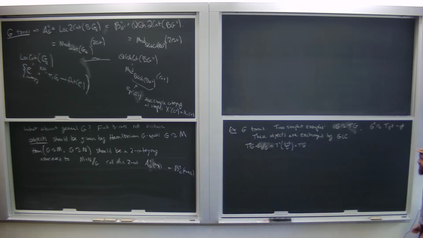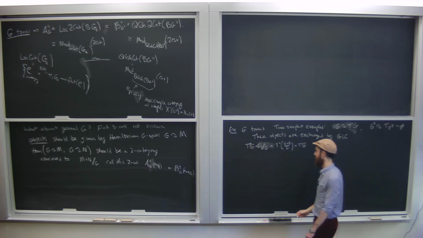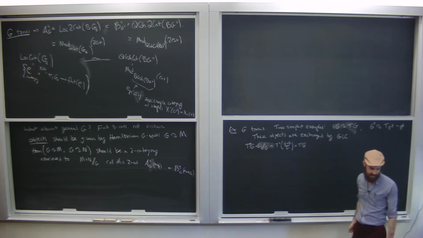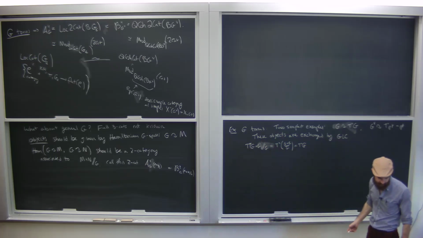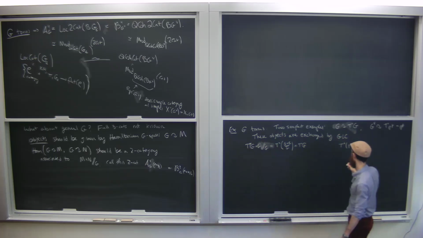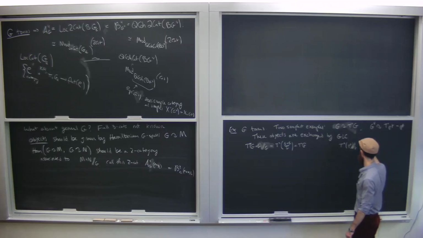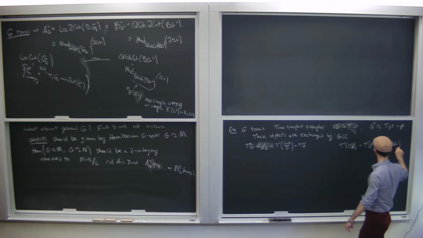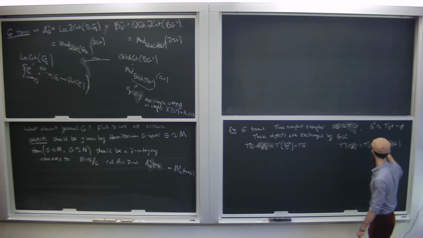So if I go through all this stuff of taking T star G times T star G and take a Hamiltonian reduction, then I just get back T star G in the end. Similarly, if I take T star of point times T star of point, which is just T star of point, and take a Hamiltonian reduction by G, that's T star of point mod G, also known as T star of BG.